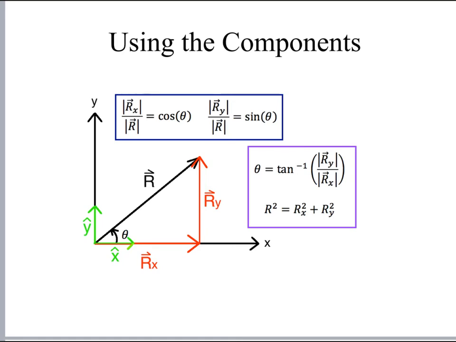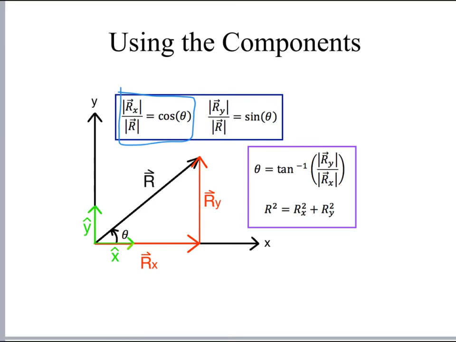So what does this equation give us? This equation here links the x component and the original vector r. And so we know that Rx is related to the original vector r by the cosine of theta.